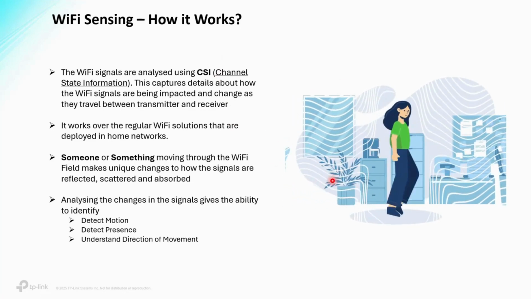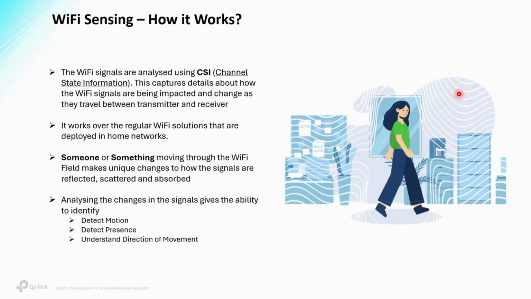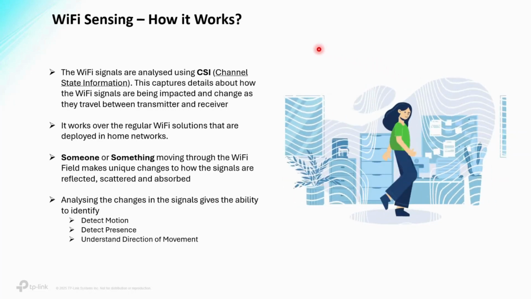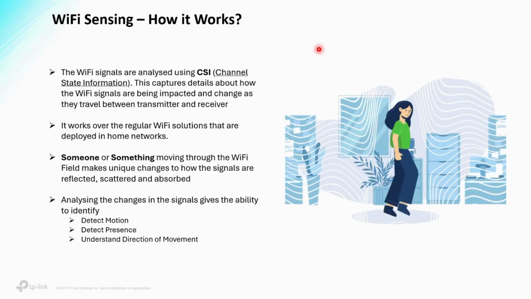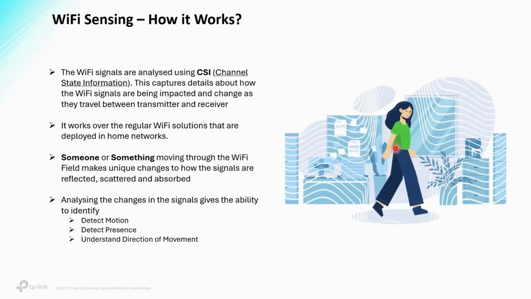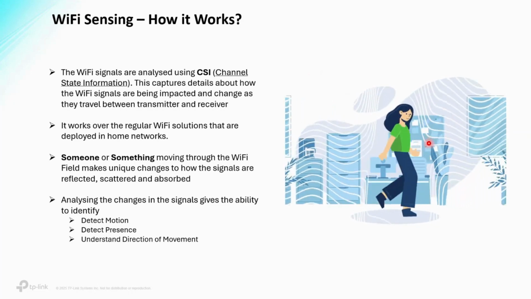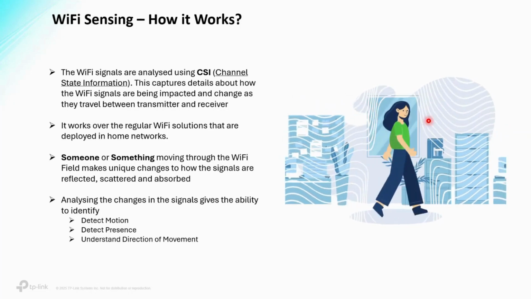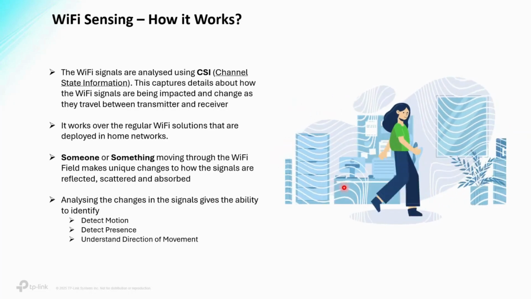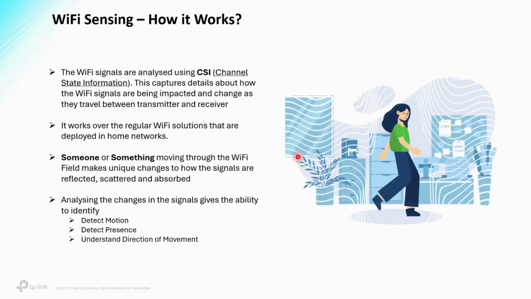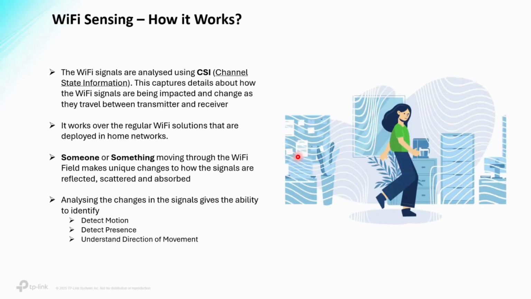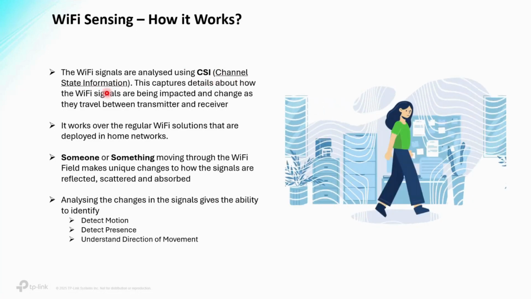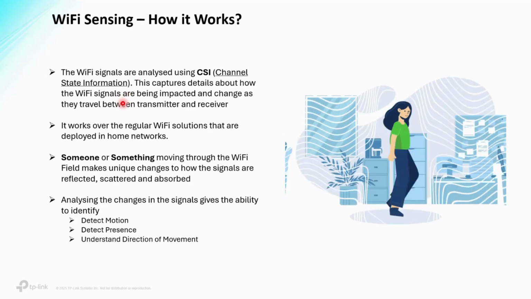If you imagine all those white wavy lines, that's your Wi-Fi, your RF signals, all your Wi-Fi waves going around the home, around the office, or wherever it may be. As you move through that, or motion goes through that, you disturb them. You change their shape, their refraction, the reflection, how much they're absorbed, how much they're scattered. And that is picked up within the Wi-Fi chip by this element here, the channel state information.